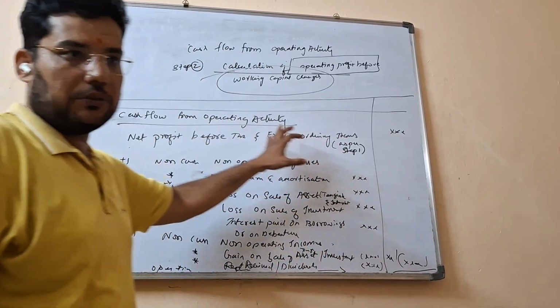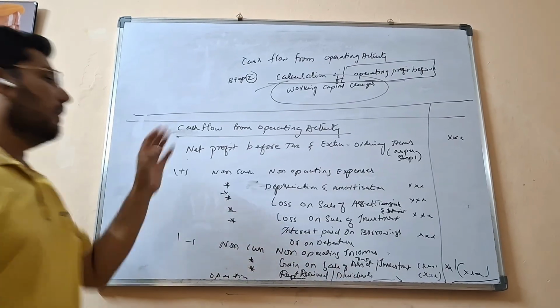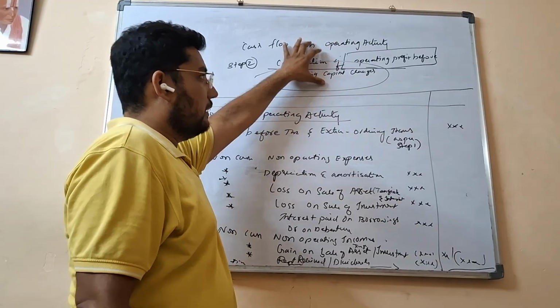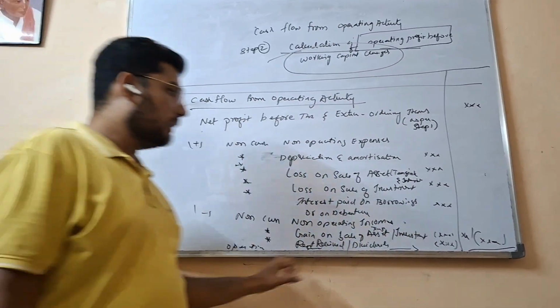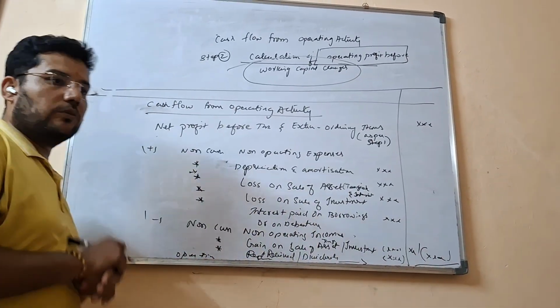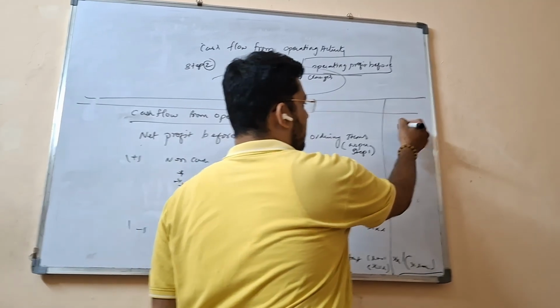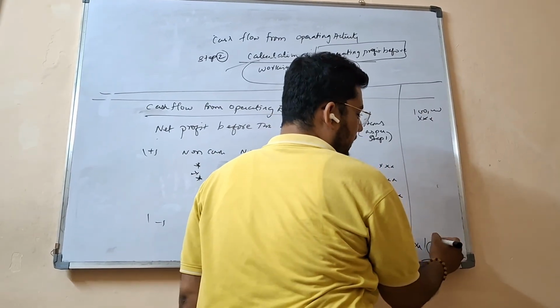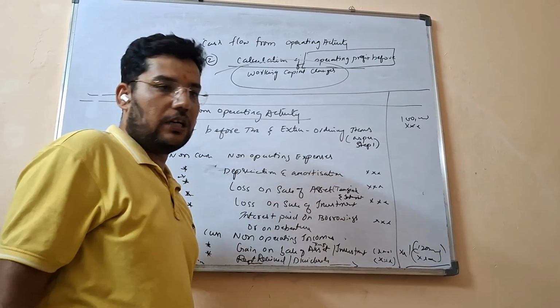I hope you have understood. I am explaining the format as such. Coming to operating profit before working capital changes, one student or a few students ask me, sir, what if we get a negative balance? Let us say this is 1 lakh and this is coming as 1,20,000, that is, your minus is greater than your plus.